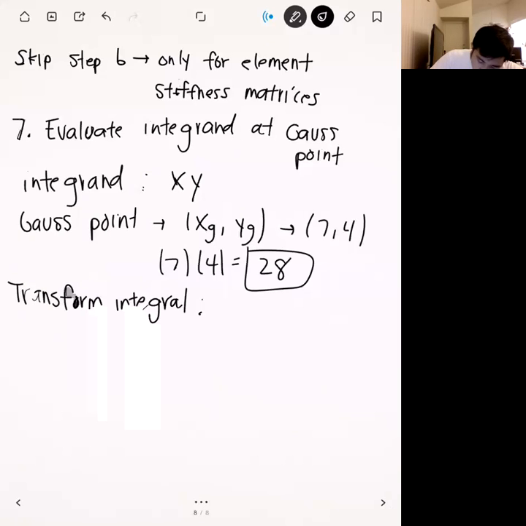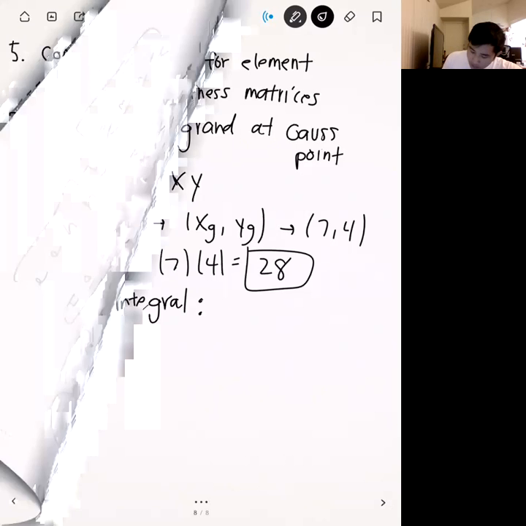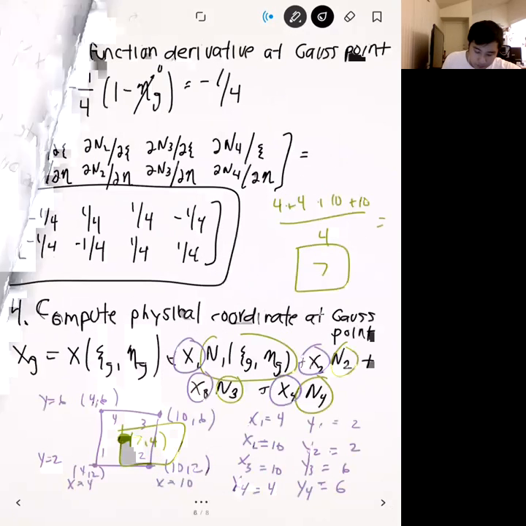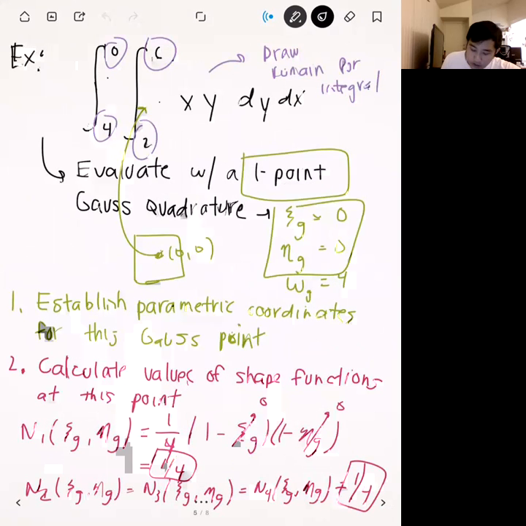All right, so our original integral was the integral from 4 to 10, and then 2 to 6 of xy dy dx.